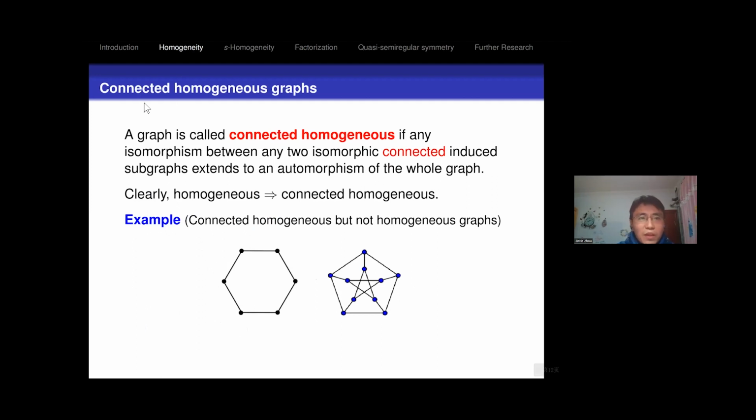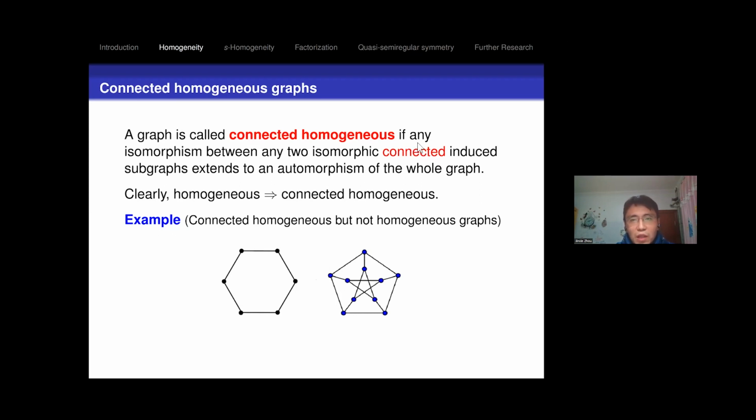Next, we have another symmetry called connected homogeneous. A graph is called connected homogeneous if any isomorphism between any two isomorphic connected induced subgraphs extends to an automorphism of the whole graph.